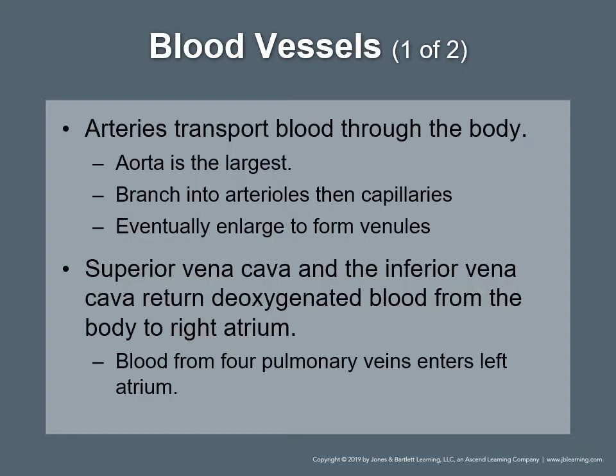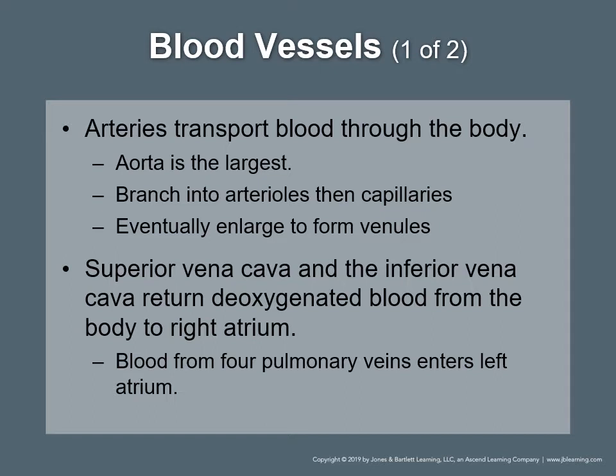Blood vessels. Blood is transported through the body via arteries. The aorta is the body's largest artery. Arteries branch into arterioles, then capillaries, which eventually enlarge to form venules. Two large veins, the superior vena cava and the inferior vena cava, return deoxygenated blood from the body to the right atrium.